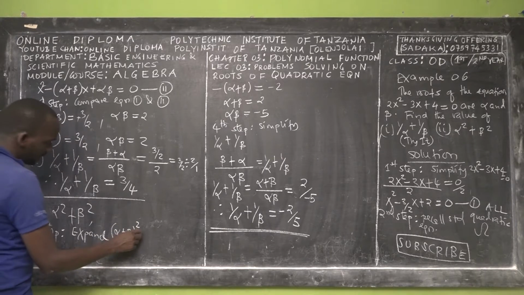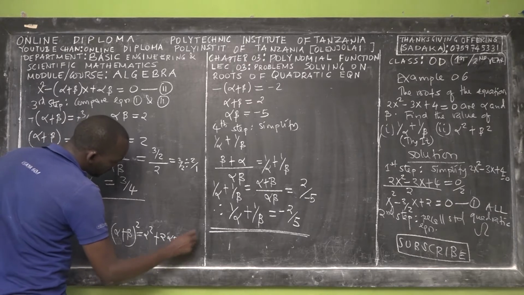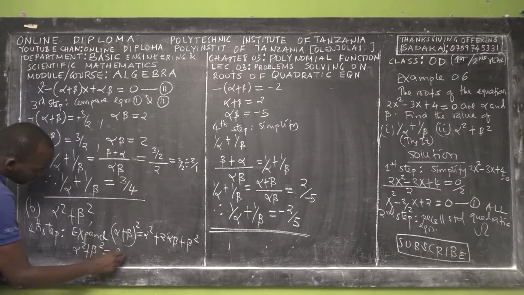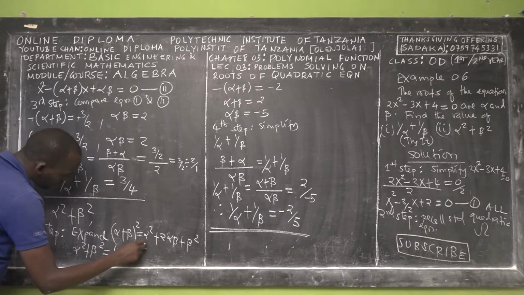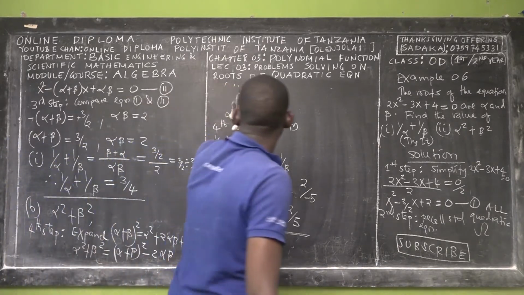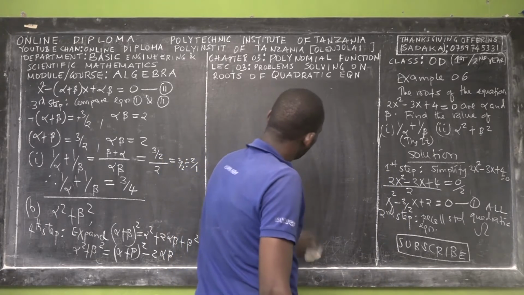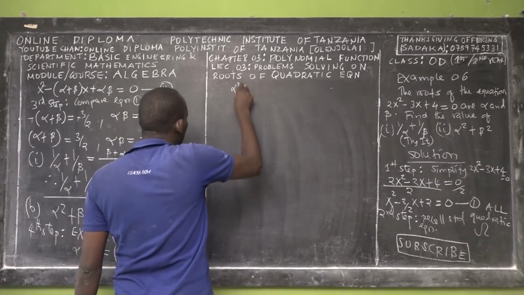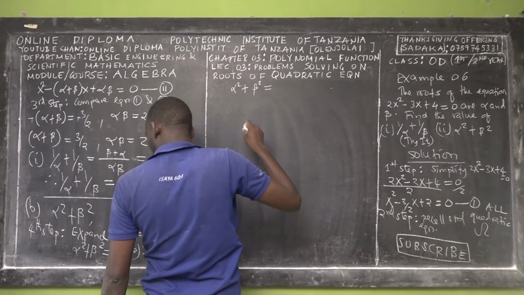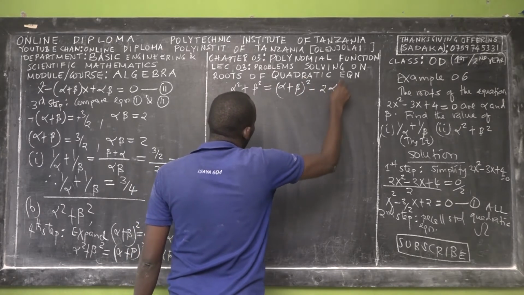We can expand alpha plus beta all squared. This gives alpha squared plus twice alpha beta plus beta squared. So alpha squared plus beta squared is equal to the sum of the roots squared minus twice alpha times beta.